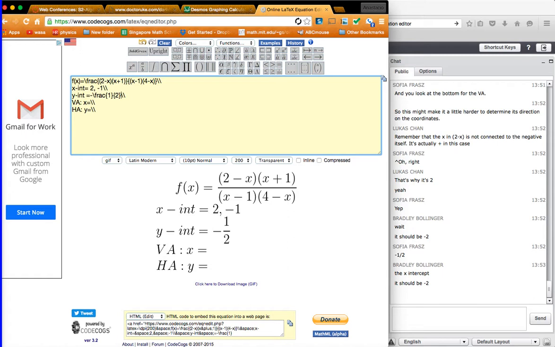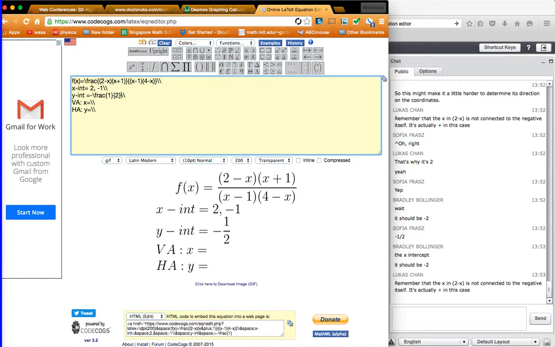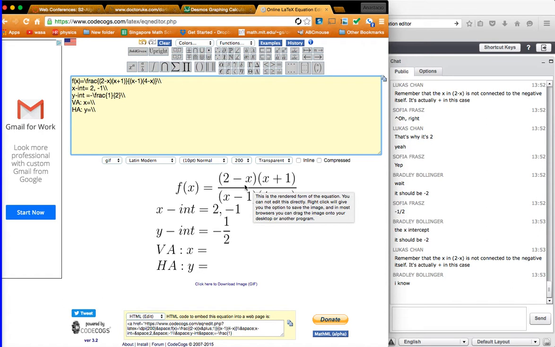Oh, Bradley's saying, wait a second, isn't the x-intercept -2? Bradley, I want you to write down 2 minus x equals 0, and then I want you to solve for x. You'll find out that 2 equals x. Yes, I know, Bradley.